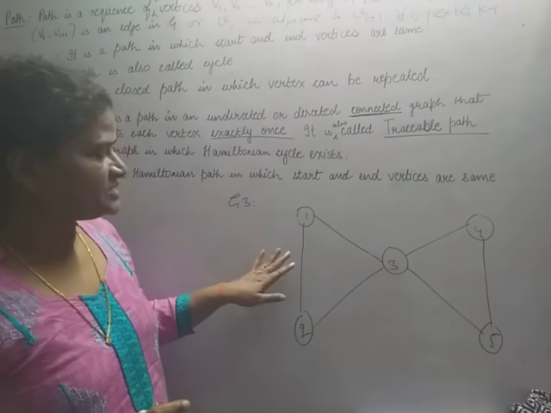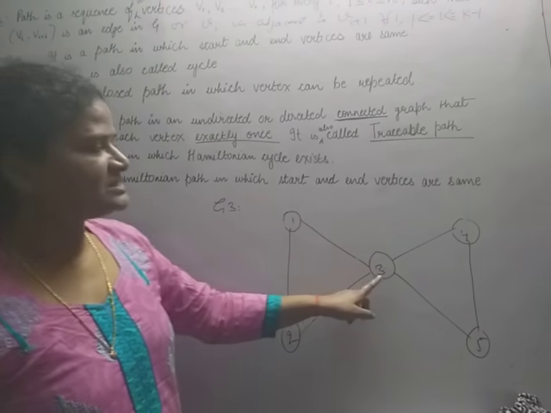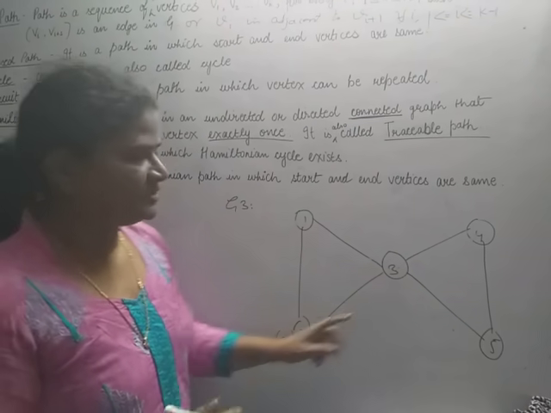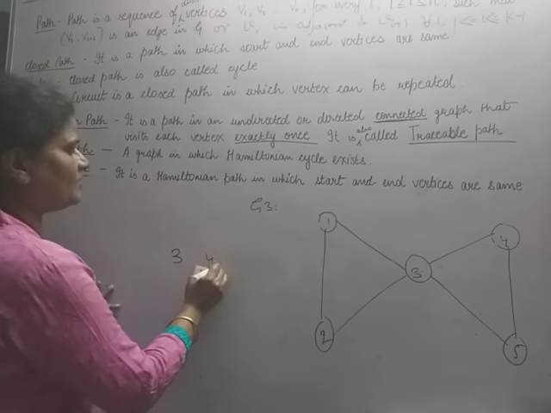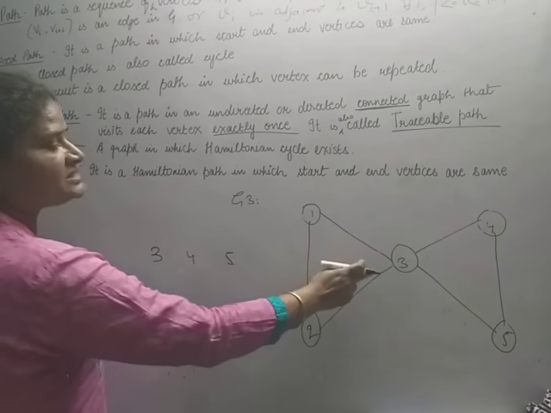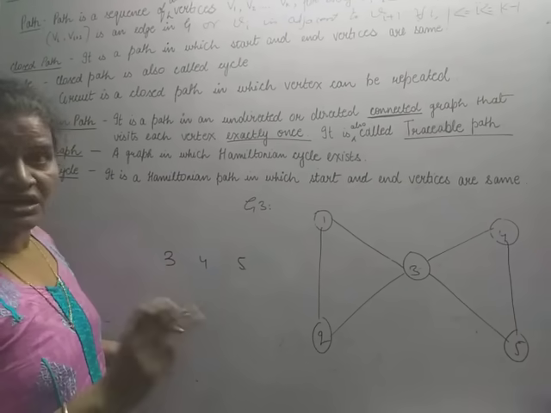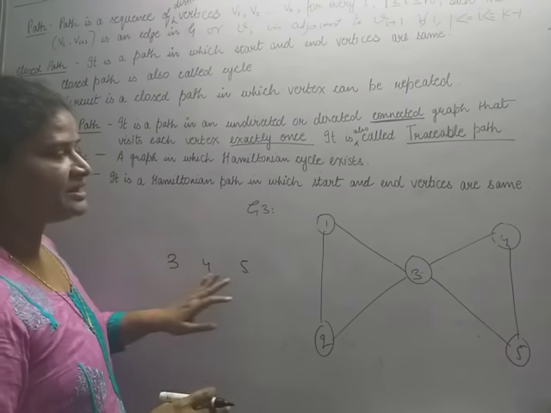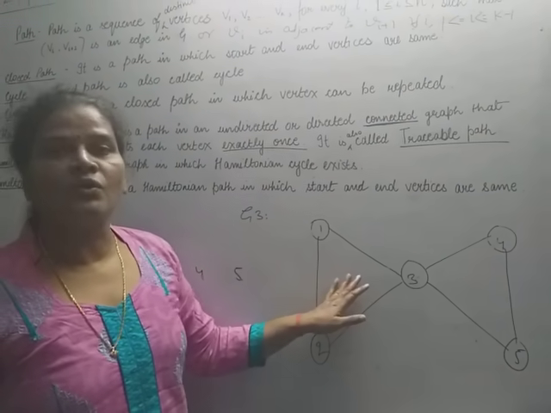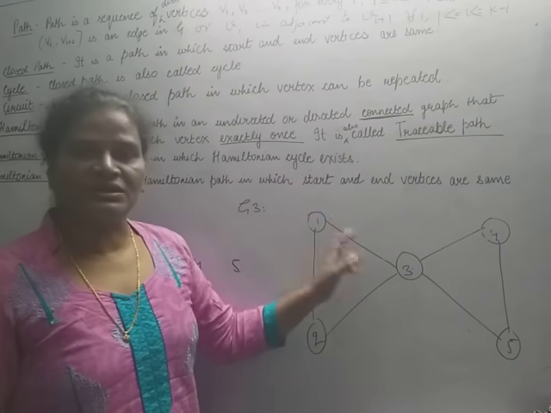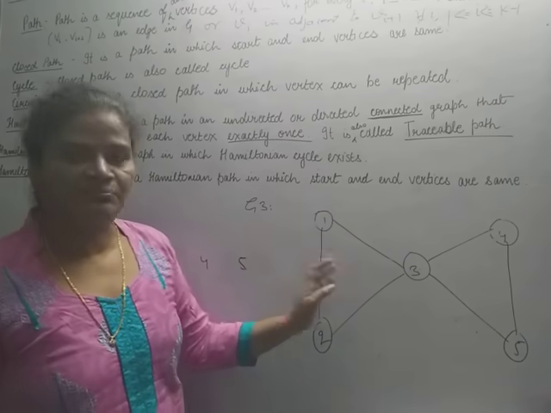Suppose we consider this graph and we start from 3, so 3, 4, 5, and now, because a vertex cannot be repeated, 3, 1, and it should cover all the vertices. So in this particular graph, no Hamiltonian path exists.